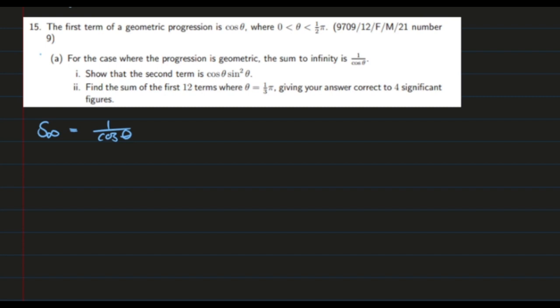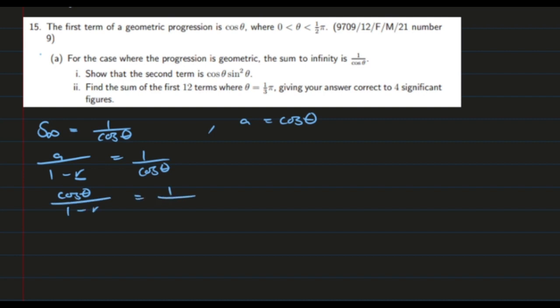We know that our first term is cos theta, and our sum to infinity is equal to 1 over cos theta. So we can write this as a over 1 minus r equals 1 over cos theta, and use this to find r and therefore the second term. Substituting a with cos theta, cos theta over 1 minus r is equal to 1 over cos theta.